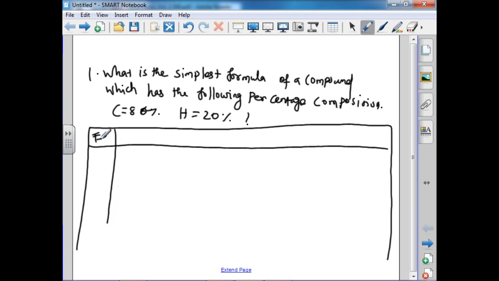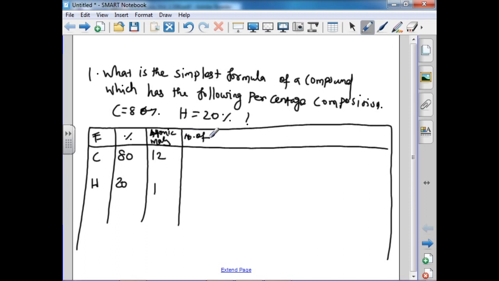The first one is the elements carbon and hydrogen. The percentage is given in the problem, carbon 80% and hydrogen 20%. Next, the atomic mass of the given elements: carbon 12 and hydrogen 1.